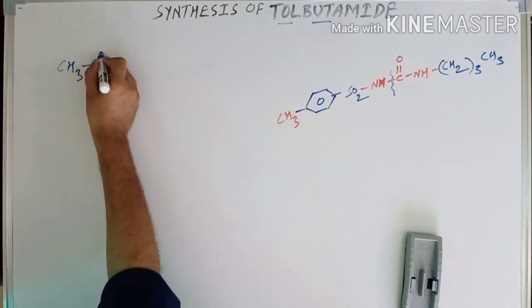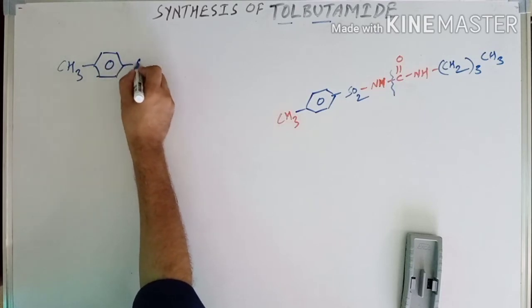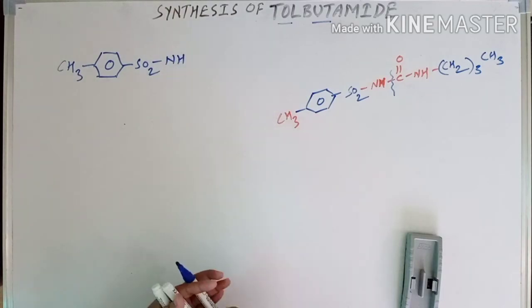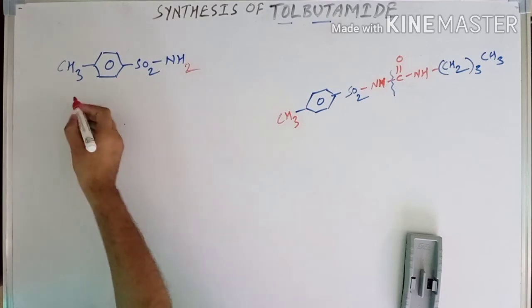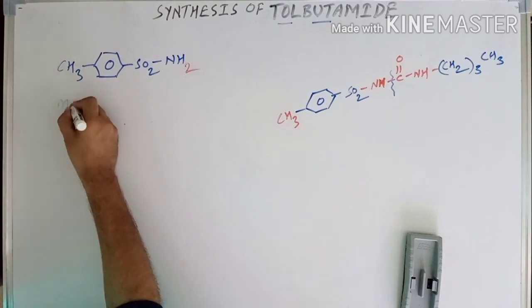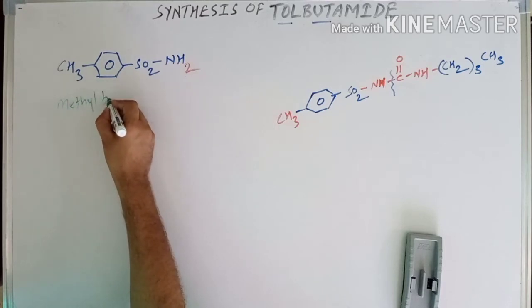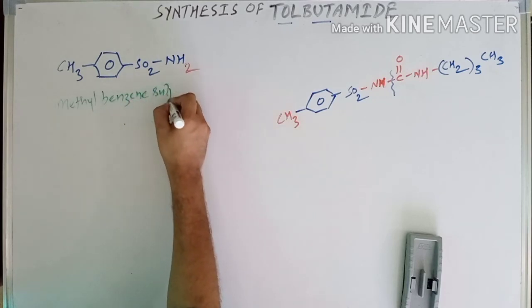CH3 benzene SO2 NH, and NH becomes NH2. So what is this? This is nothing but methyl benzene sulfonamide.